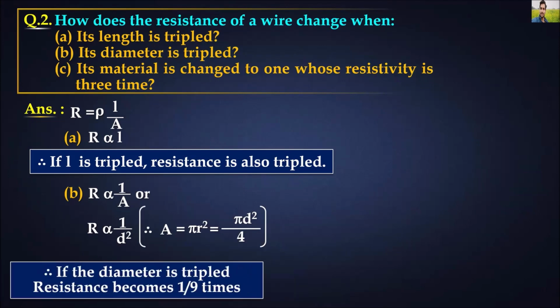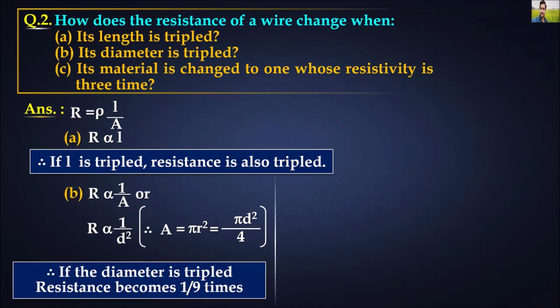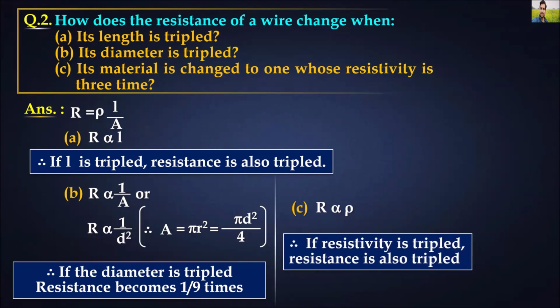Now, if the diameter is tripled, as per the given statement, resistance becomes 1 upon 9 times. 3 square is 9. C part. We know resistance is directly proportional to rho, or else resistivity. If resistivity is tripled, resistance is also tripled.